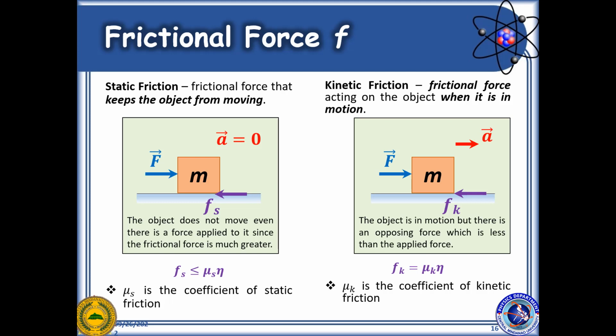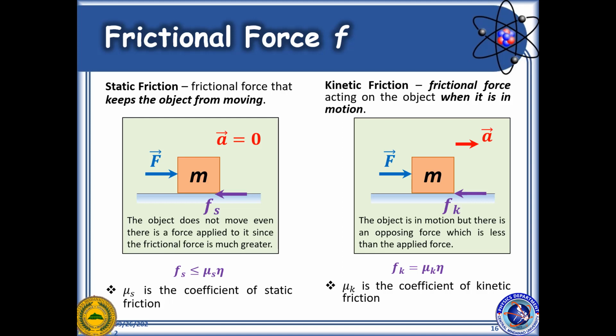So take note, class, that static friction is the force that you need to overcome in order for the object to move. So the applied force should be greater than the static friction in order for it to move. Take note that mu sub s here is the coefficient of static friction.